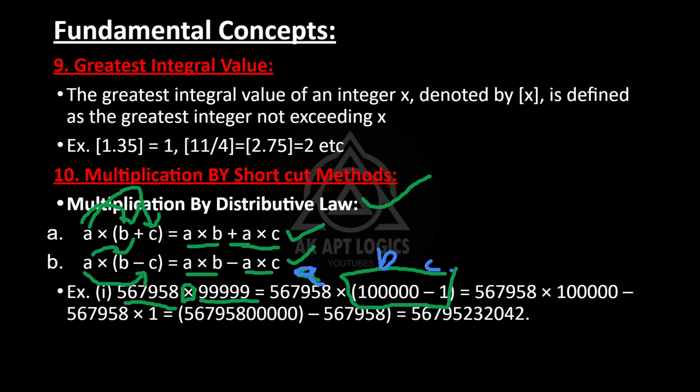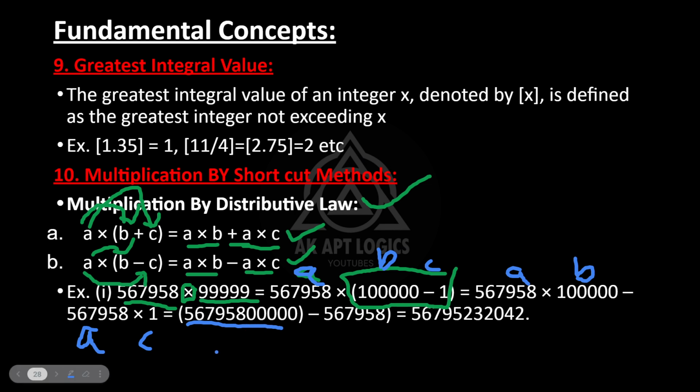Then what happens? a into b minus a into c. So we will multiply this, then the resultant will be this.